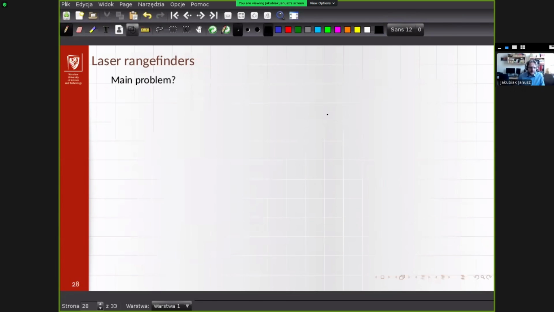As you remember, the formula for the distance is that the distance that we go through is like 2d equals velocity times t. And if you use light, you have the speed of light.